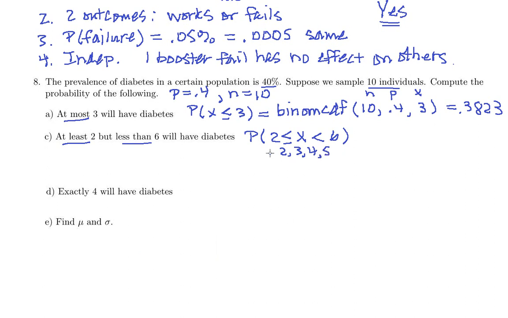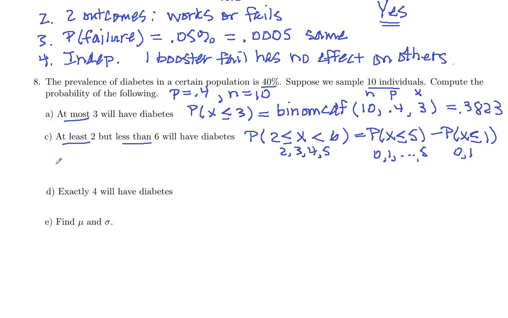So we could do less than equal 5 and then subtract off less than equal 1, because less than equal 5 would be 0 to 5, subtract off 0 to 1. So we could write probability x less than equal 5 minus probability x is less than equal 1. So this is 0, 1, up to 5, and we subtract off 0, 1.